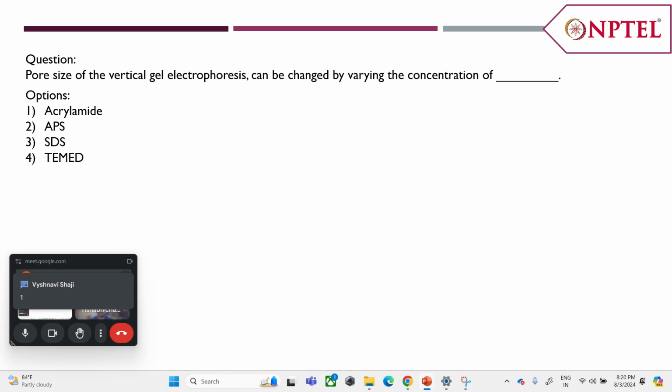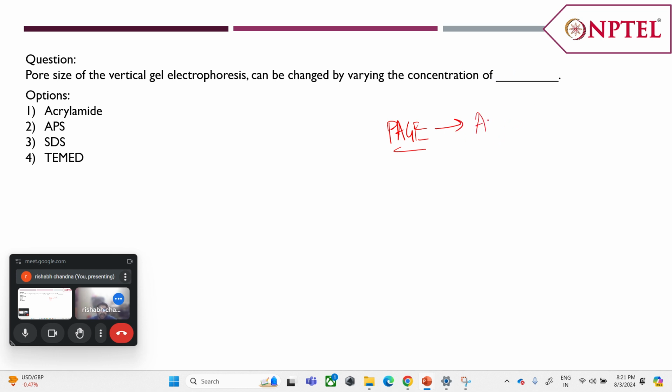Okay. Any more answers? Okay. So yes, in the case of PAGE, we have two components that form the base of the gel.